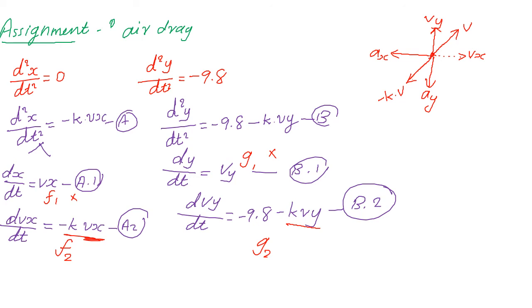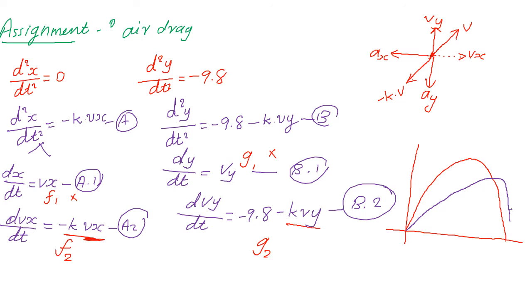So you please try. So please note that your graph looks something like this. Before it was a symmetric parabola, but when you try the projectile by considering the air drag, you will notice something like this, some deformation, something like this, and all of a sudden it falls like this.